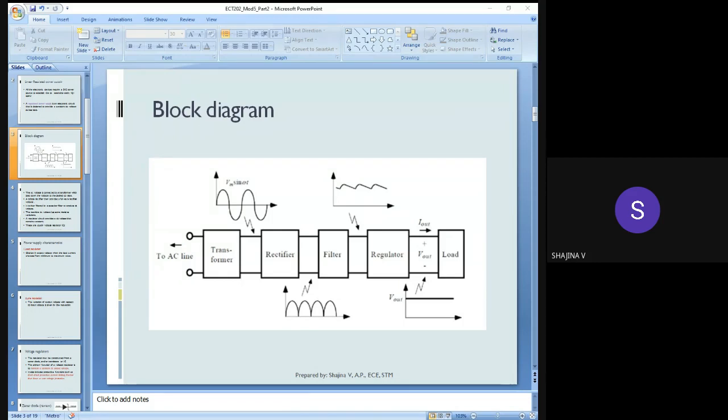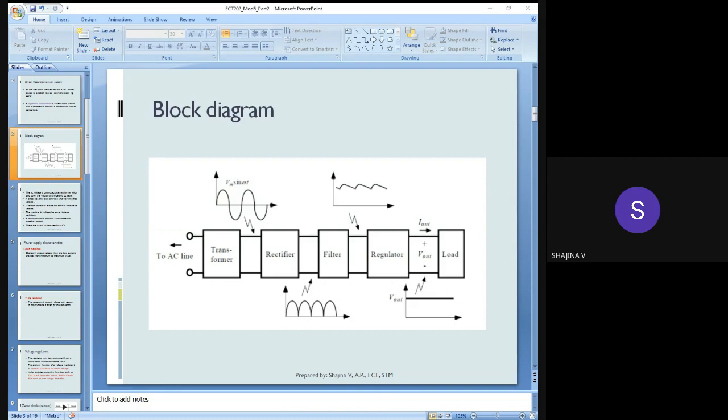Now we can see some power supply characteristics. Before going to the voltage regulator, we can see the basic characteristics of a power supply, or specifically the characteristics of voltage regulators. Voltage regulators provide a constant output DC voltage, but while our device is working, there may be some variations in the input voltage or in the load.